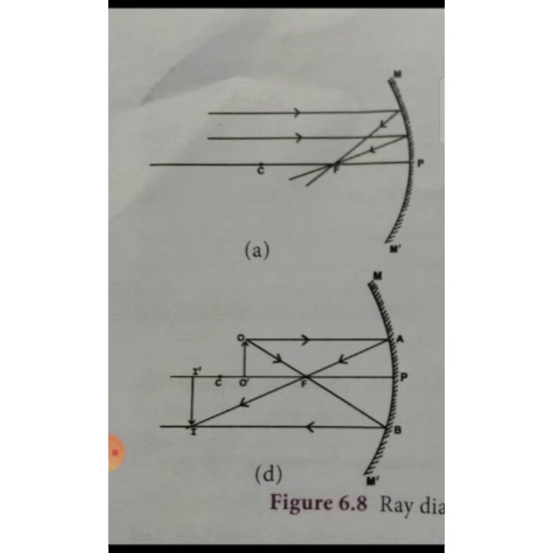The image is beyond C, that is, beyond the center of curvature. You can see I dash is formed beyond the center of curvature because the reflected rays meet there only. What is the nature of the image? It is real, inverted and magnified. Magnified means it is bigger than the object. You can see O dash is smaller and I dash is larger.